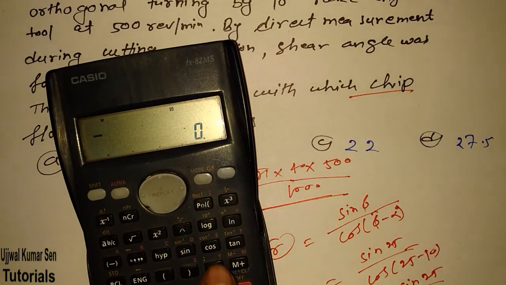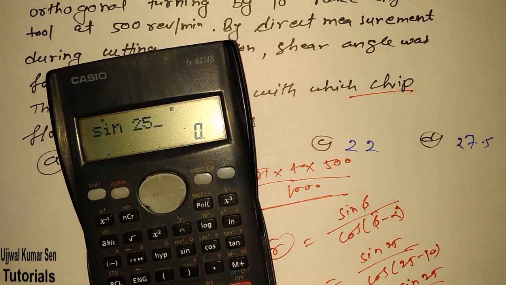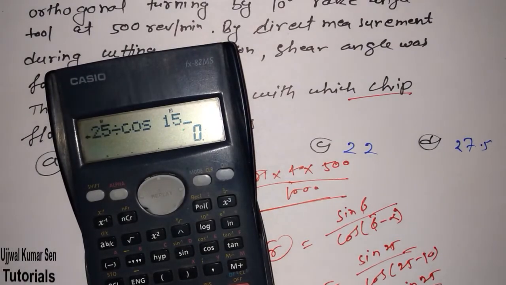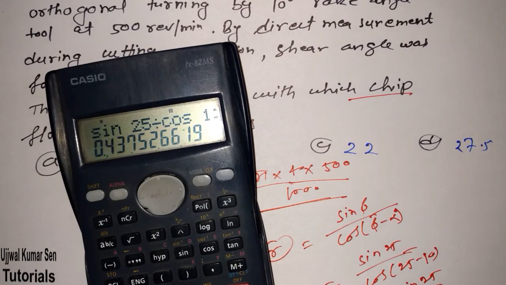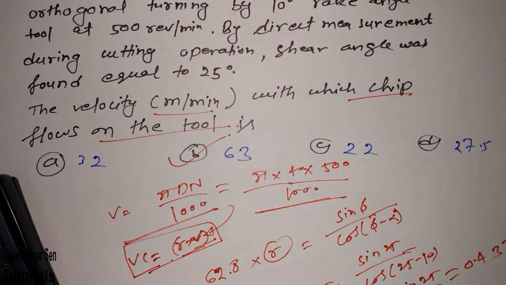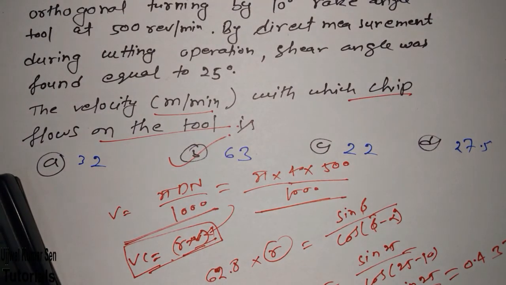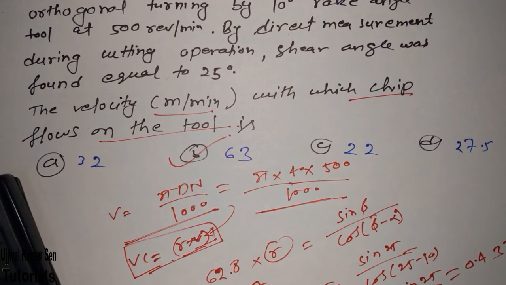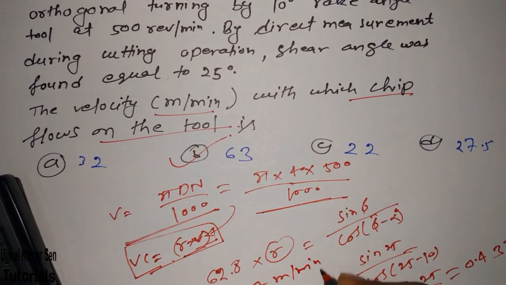What is the answer I am getting right now? Sin 25 by cos 15 is 0.4375. Now we have to multiply this answer with 62.8. So that gives 27.47 meter per minute.